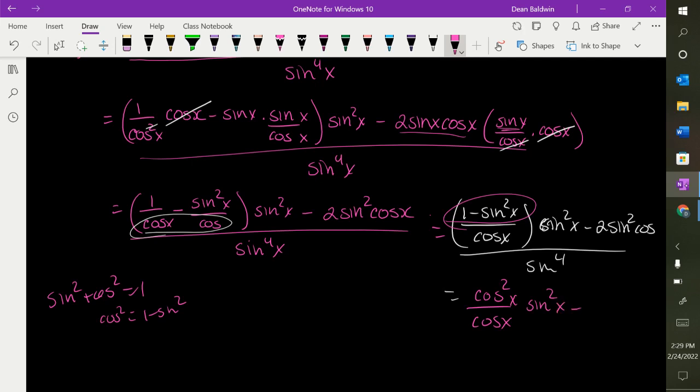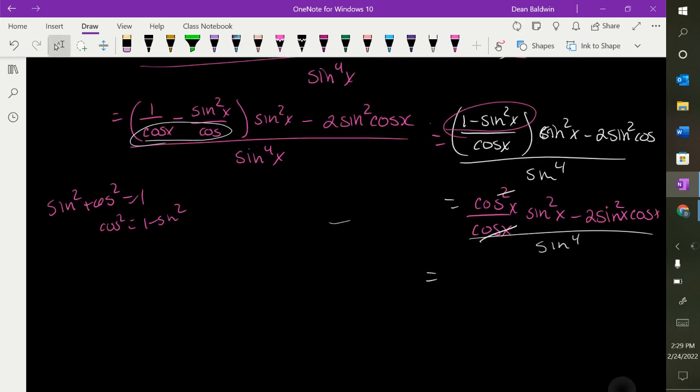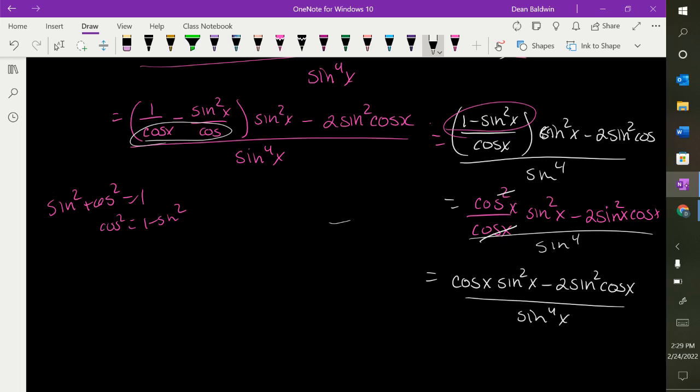times sine squared of x minus 2 sine x cos x, and that was a sine squared. Obviously, that cancels one of those. And sorry, I forgot, this is all over sine to the power 4. So now I'm left with cos of x sine squared of x minus 2 sine squared cos of x over sine to the fourth of x.